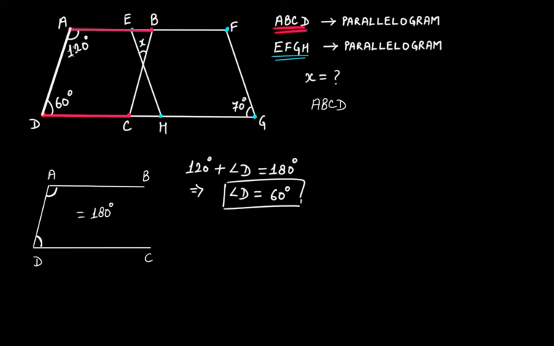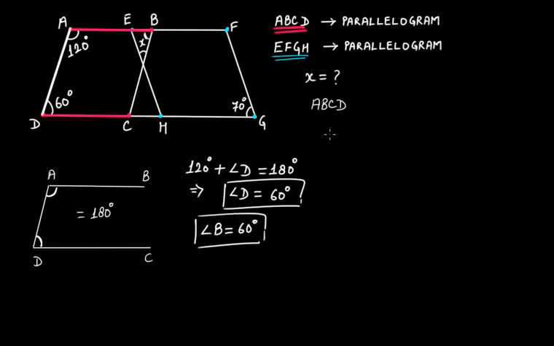Now in a parallelogram the opposite angles are equal. So in ABCD, what is the opposite angle to angle D? Clearly angle B. So angle B will be 60 degrees.